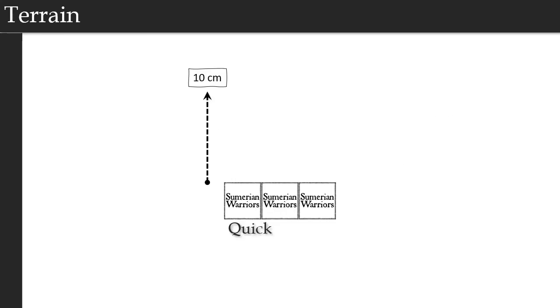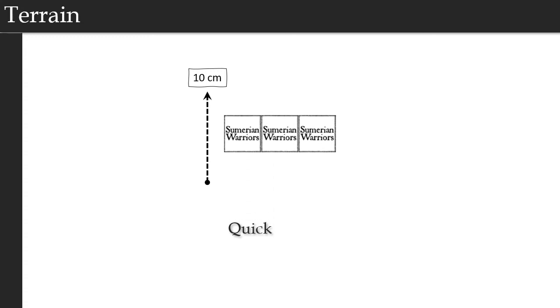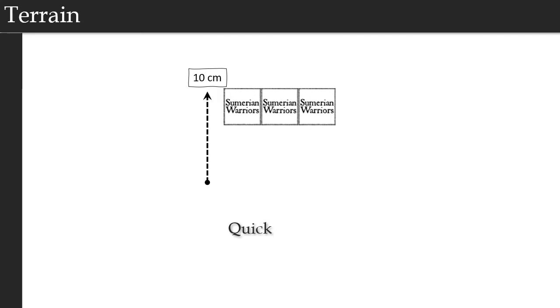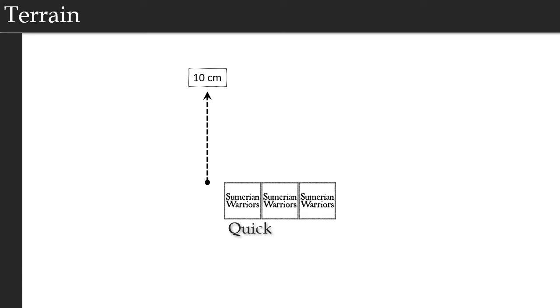If we go back to our quick pace, ordinarily units moving at a quick pace can move up to 10 centimeters. Though a unit that's moving at a quick pace and encounters rough ground has their movement reduced. In our example here, our warriors start their turn moving at a quick pace, so they're going to start their turn with the intent of moving up to 10 centimeters.